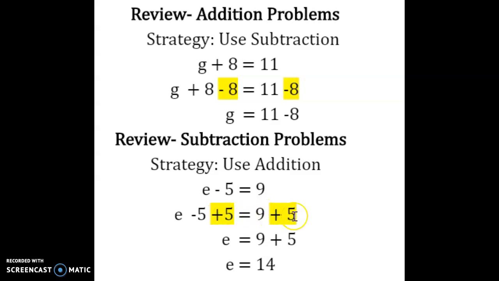We ended up with 9 plus 5 on the right-hand side because we know our rule: what we do to one side of the equation, we have to do to the other. Minus 5 plus 5 cancels itself out, leaving the e by itself. e equals 9 plus 5, or e equals 14. When we put the 14 back into the equation, 14 minus 5 does indeed equal 9.